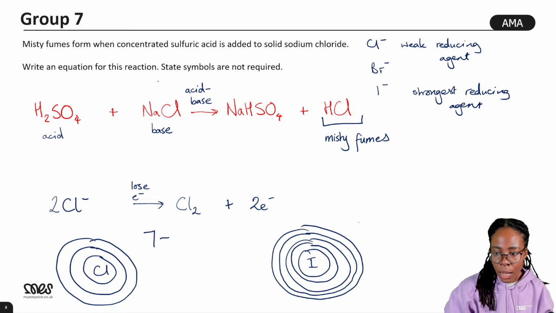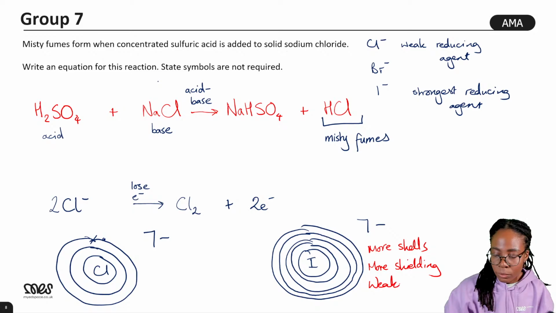Absolutely, the iodide. Because more shells means more shielding, so weaker attraction between the nucleus and the outer electron.